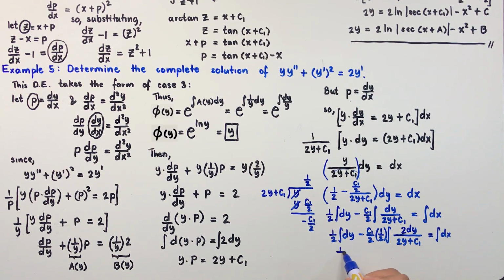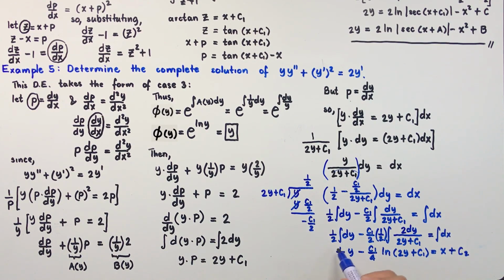But we know that the integral of dy is y, and this is c sub 1 over 4 times the integral of this fraction, which is the natural log of 2y plus c sub 1, which is equal to x plus the constant of integration c sub 2.